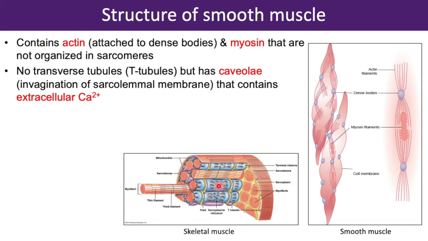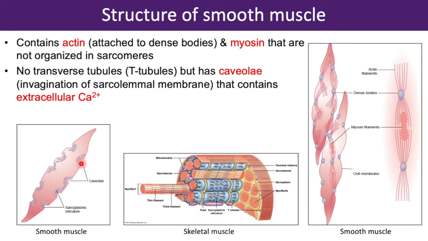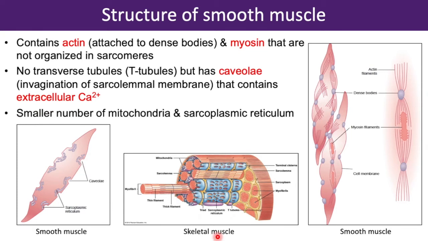Smooth muscle does not have these T-tubules, but instead it has caveolae, which are invaginations of the sarcolemma membrane. These caveolae contain extracellular calcium. Smooth muscle also has fewer mitochondria and less sarcoplasmic reticulum.